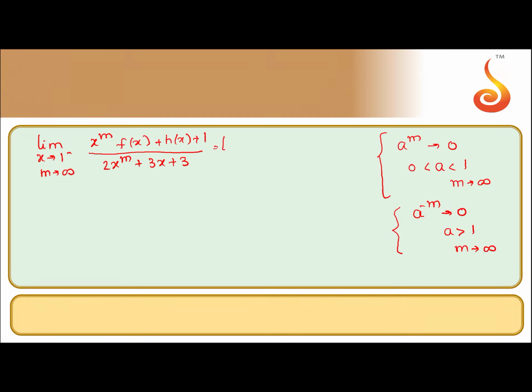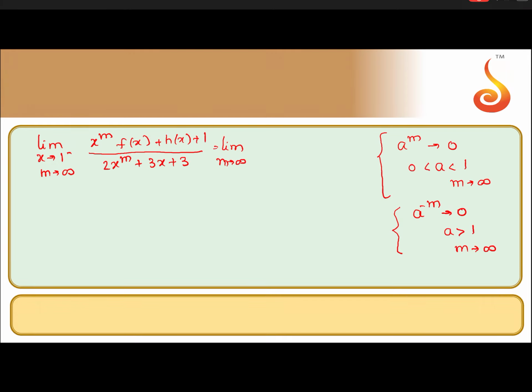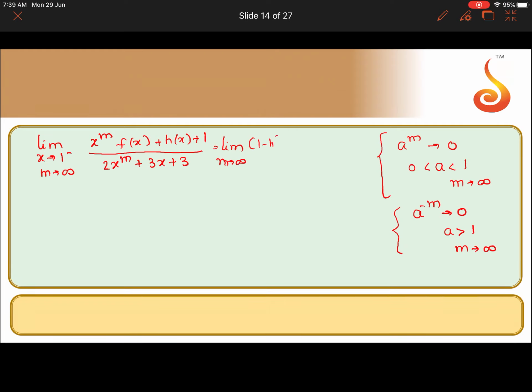So this can again be written as limit m tending to infinity, so (1 minus h), where h tending to 0, whole to the power m f of (1 minus h) plus h of (1 minus h), this h is different, plus 1 whole divided by 2 into (1 minus h) to the power m plus 3(1 minus h) plus 3.